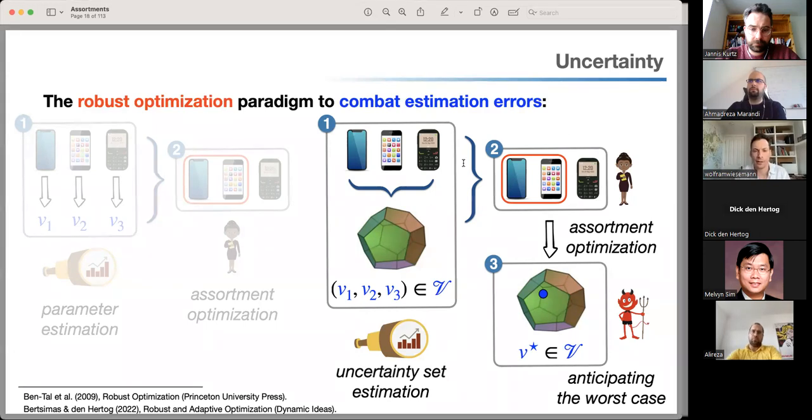We call this the uncertainty set. You can think of this as a statistical confidence region, for example. And then robust optimization plays a game between the decision maker and nature, a Stackelberg leader-follower game, where the decision maker chooses an assortment that performs best in view of the worst parameter values in the uncertainty set.